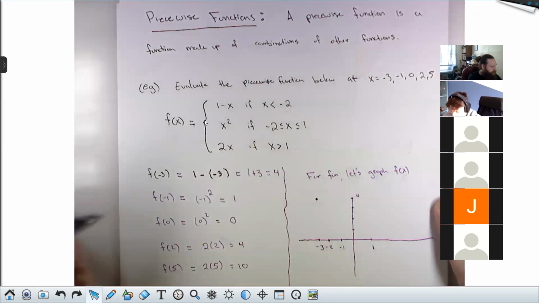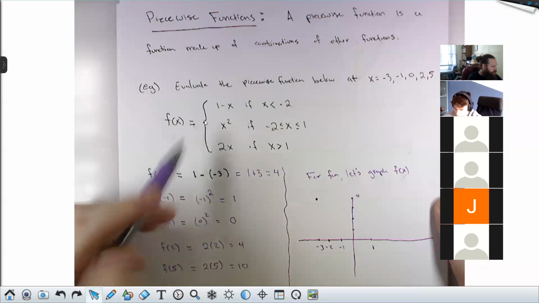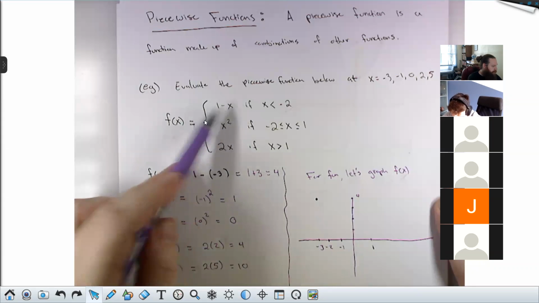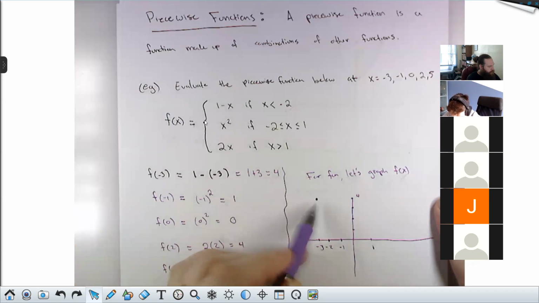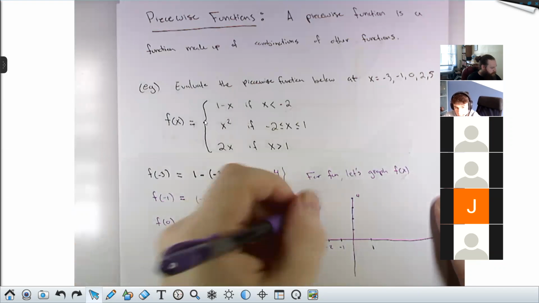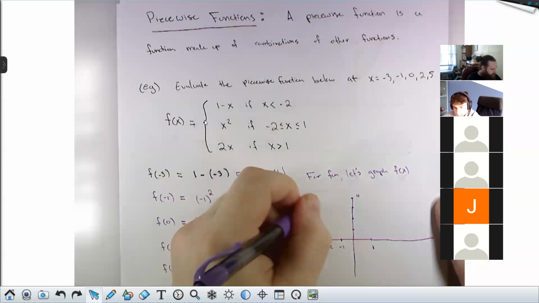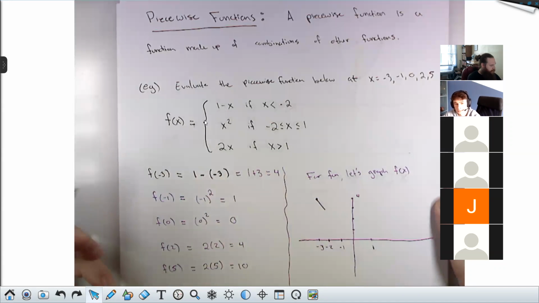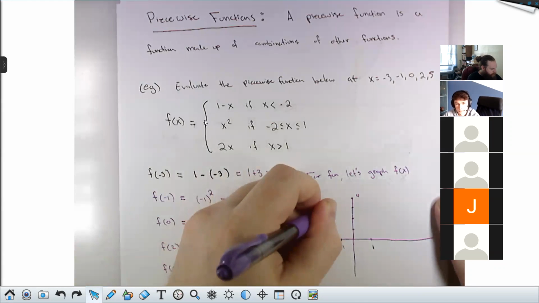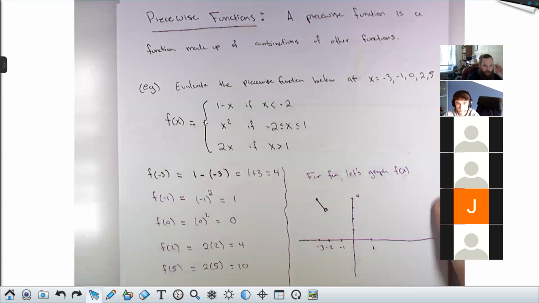So I have the point -3, 4. And the slope of this line, 1 minus x, is -1. So we'll be going down 1 for every 1 we go over. And we're going to do that until we get to -2. So that's not too far. We're just going to come over to here. And I'm going to use an open circle here. I'll talk more about graphing these functions when we get on to the next section.